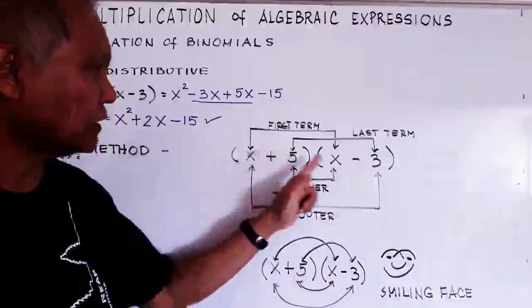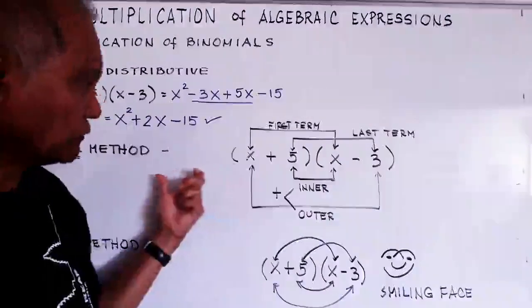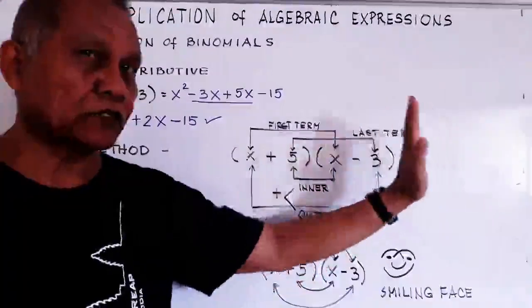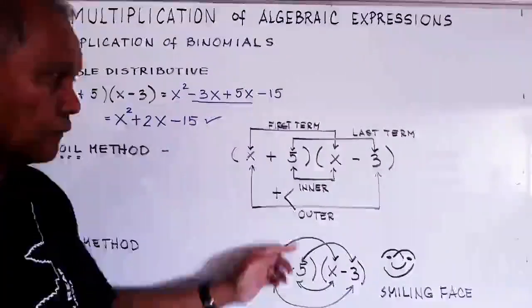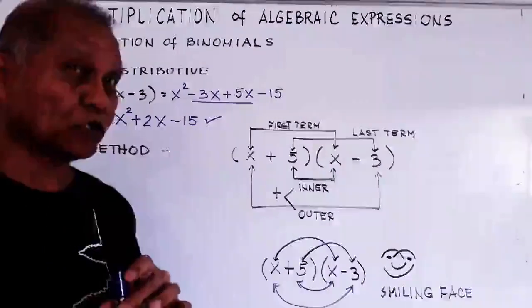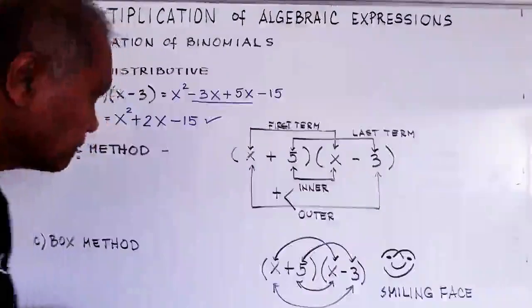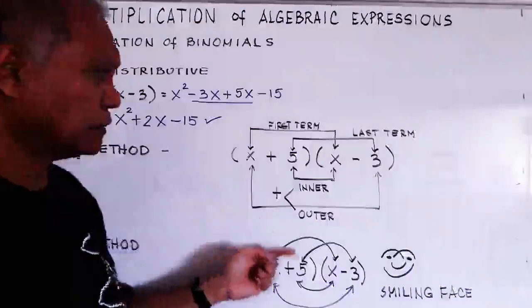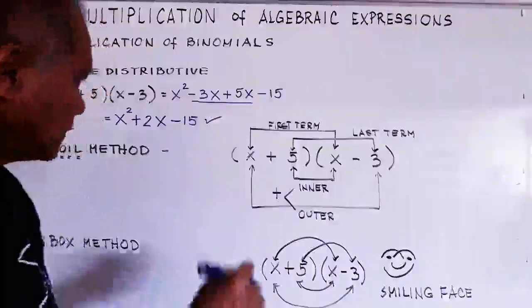We are going to multiply this, and we have an answer. We multiply the last term, it's the last term there. But for the inner and the outer, we need to add them because they will be like terms. So usually they are calling it the smiling face.